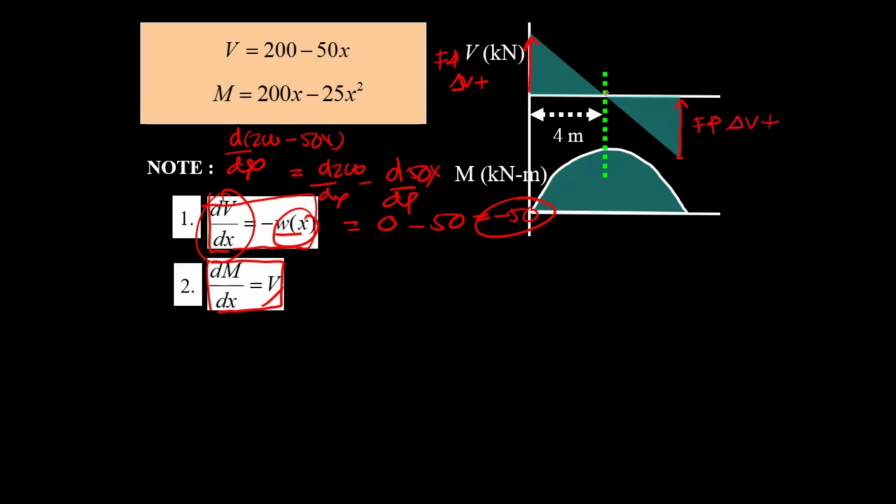And we have one more thing. The point over here has 0 shear. This is the point where dM by dx equals V equals 0. So the maximum moment occurs when the shear force equals 0.